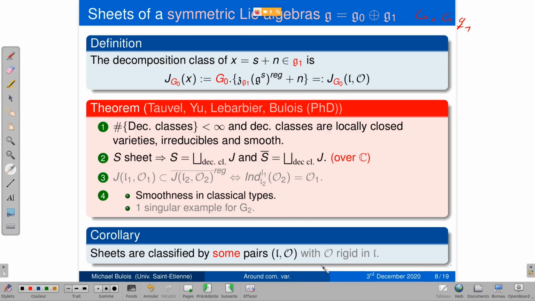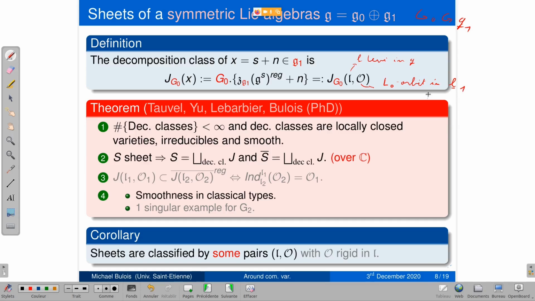This is not very important for the following, and sheets are classified by some pairs, but it's kind of hard with this to say exactly what are those pairs of a Levi and a nilpotent orbit. Maybe one precision here. L here is still a Levi in G, and O is a nilpotent L0 orbit in L1.